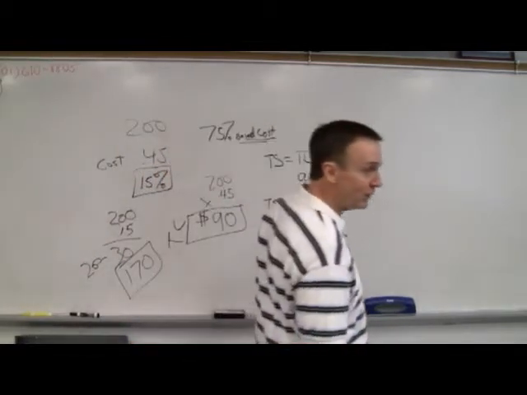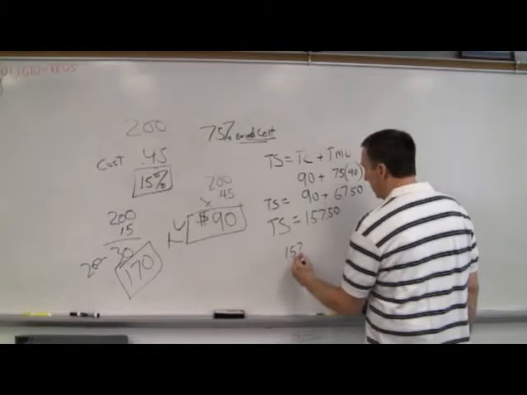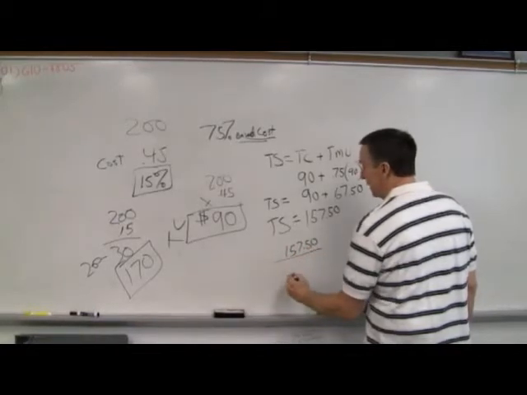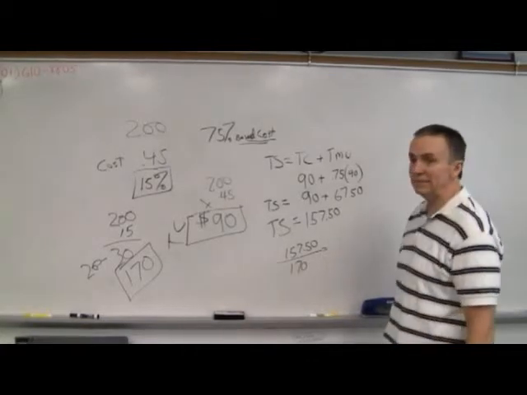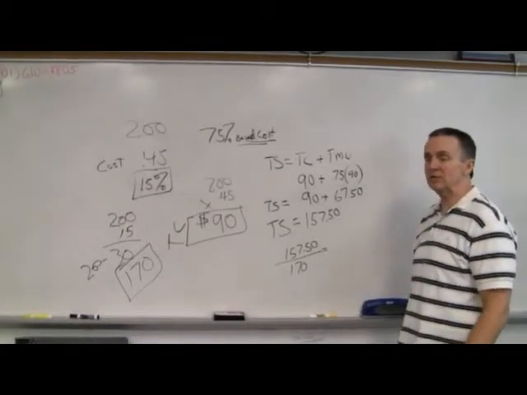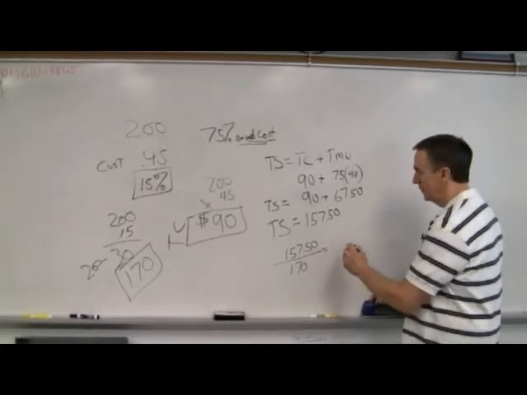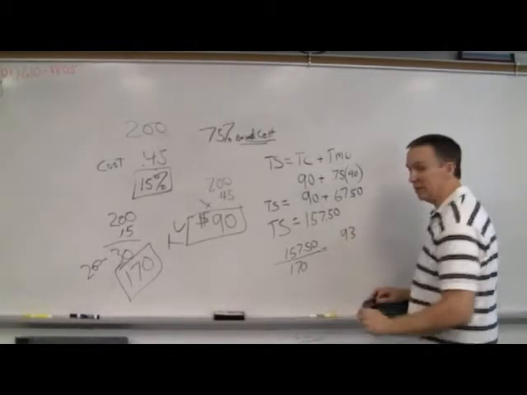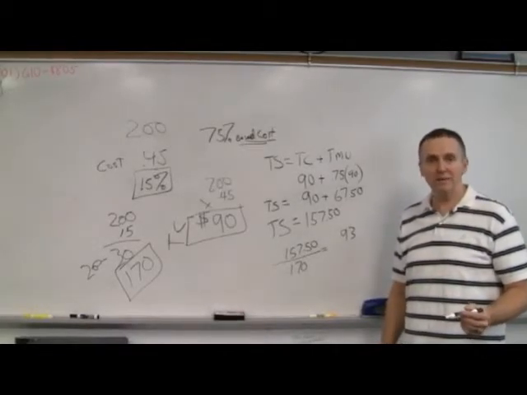So, pretty straightforward. We're going to take $157.50 and divide it by 170. What does that work out to be? Each brownie we must charge 93 cents, to the nearest penny. Everybody see that?